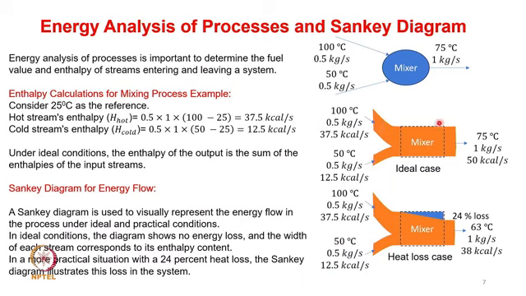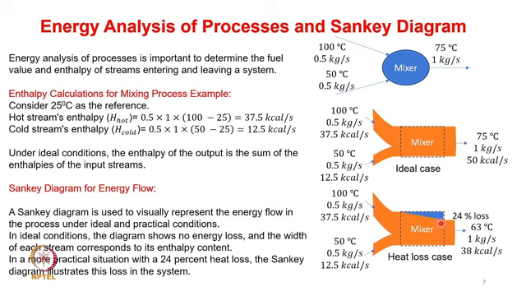Both of them combine in the mixer and go out. This visual representation, which also quantifies the enthalpy of the streams going in and out, is called a Sankey diagram.